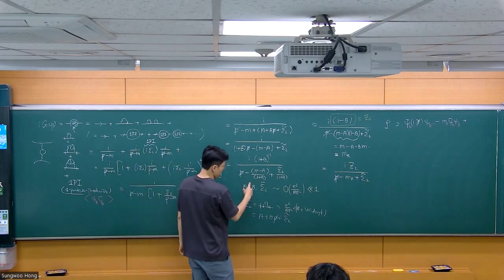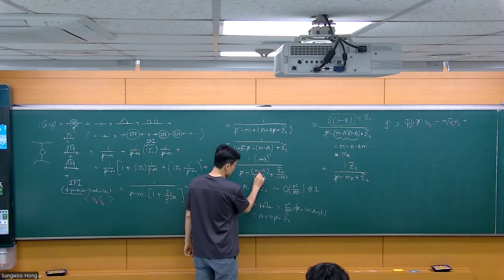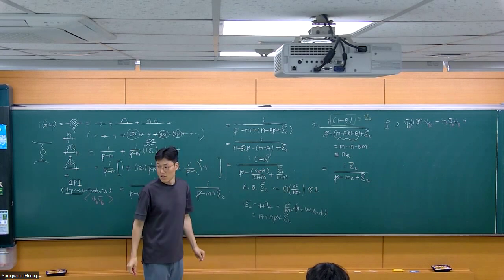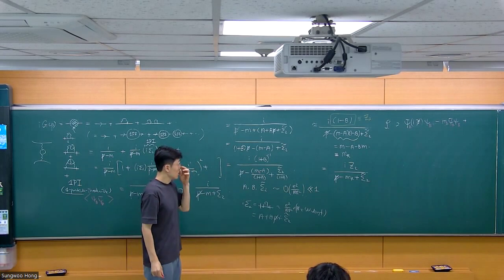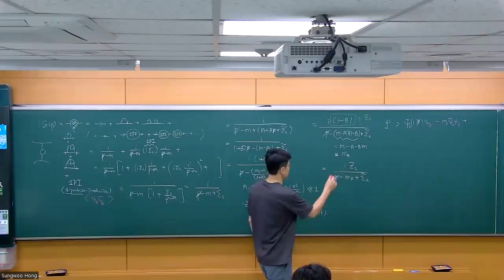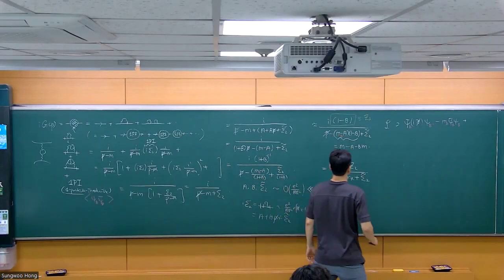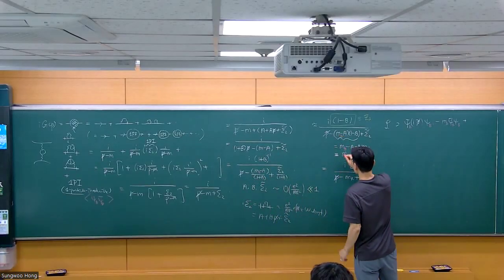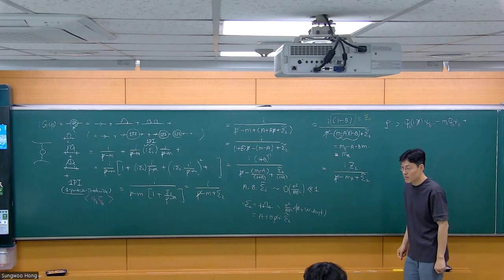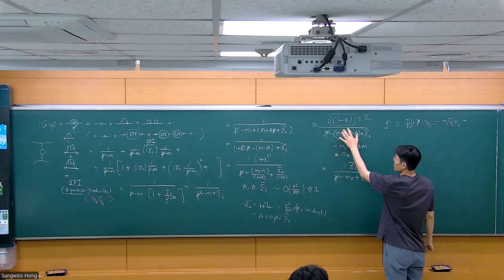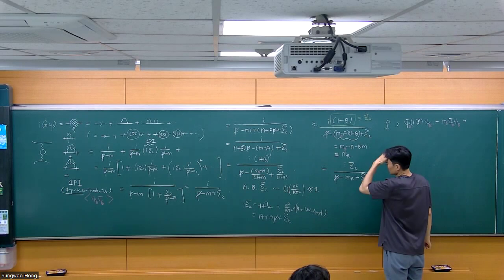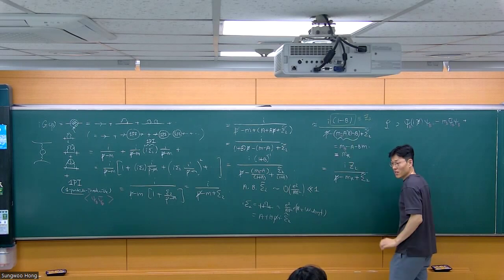So what that means is that what's appearing here is actually a bare parameter, right? And so here is a bare parameter. And you see, for instance, why did I say that this can be defined as a renormalized mass? Suppose there's an experimental way of measuring this particular combination.